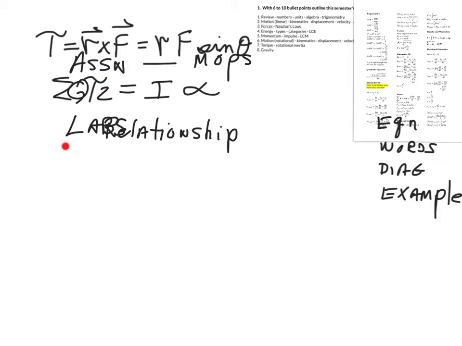This should be identified as being sigma, the summation symbol. This should be identified as rotational inertia or moment of inertia, which itself we could ask about later. And this is angular acceleration. Remember, say rotational or angular acceleration. You might mention that this is the rotational analog of F equals ma.